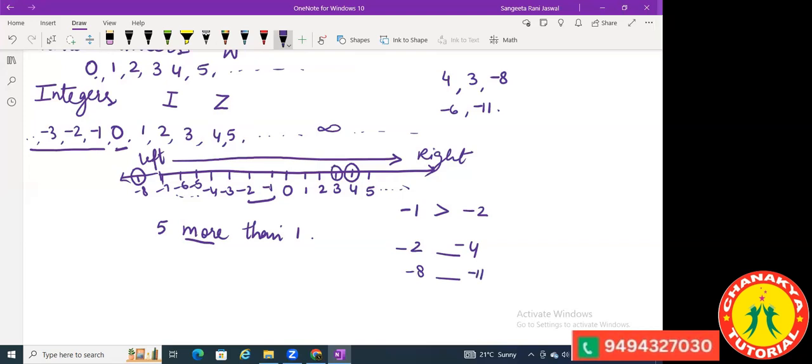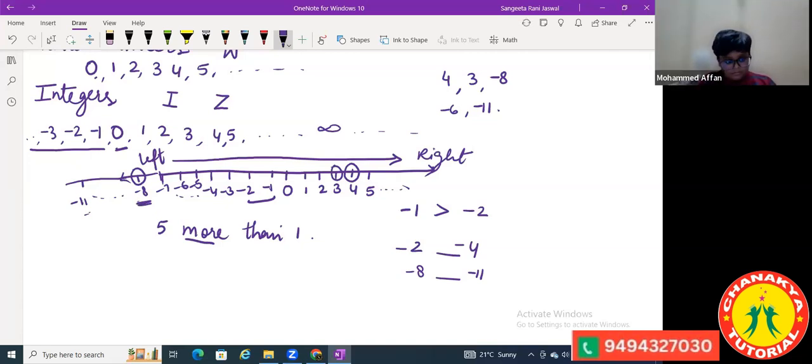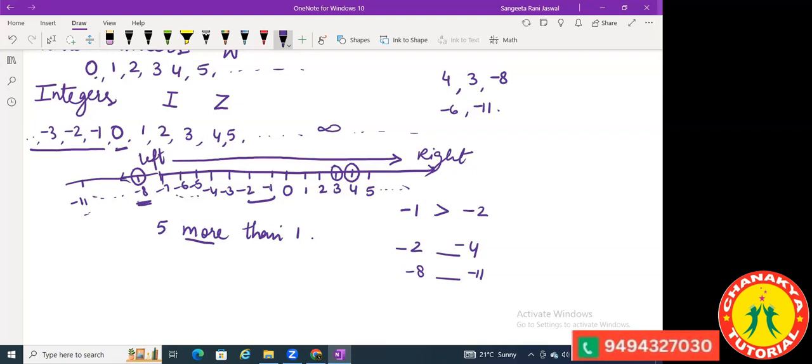Among these two numbers, this is on the right side. Are you understanding? Yes, ma'am. I'll ask you more on this.